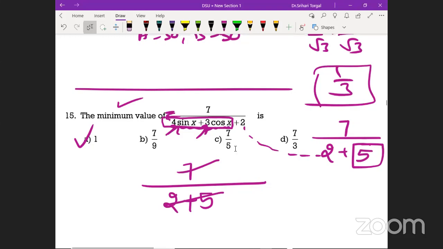You have to write the maximum value in the denominator. Then you get the whole value will be minimum. See here. If there is any number, if I put a 2, if you increase the number to 4, the whole value is decreasing.